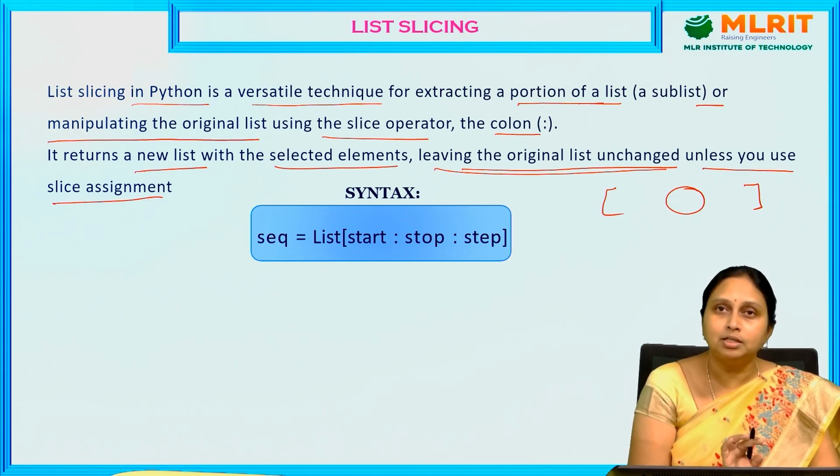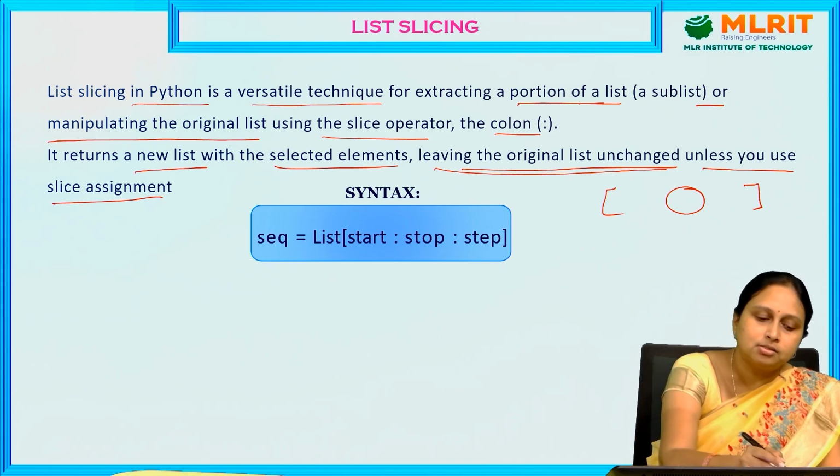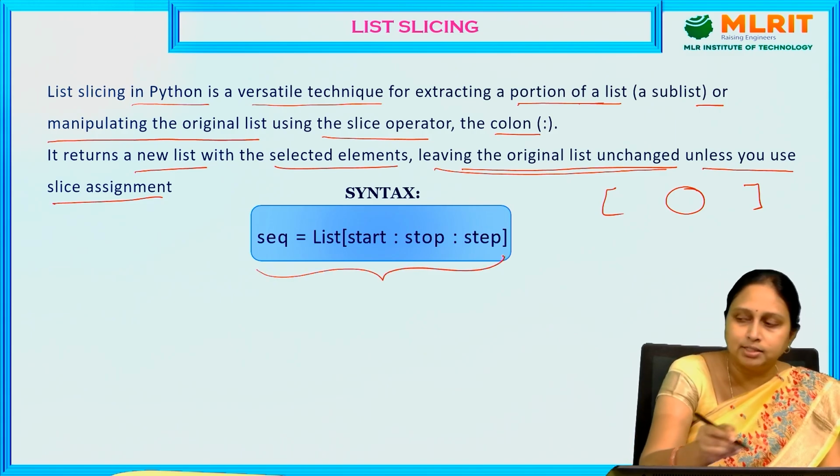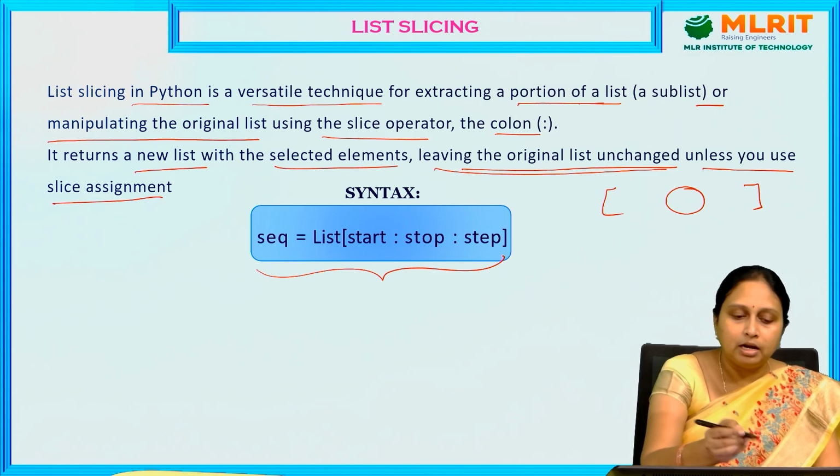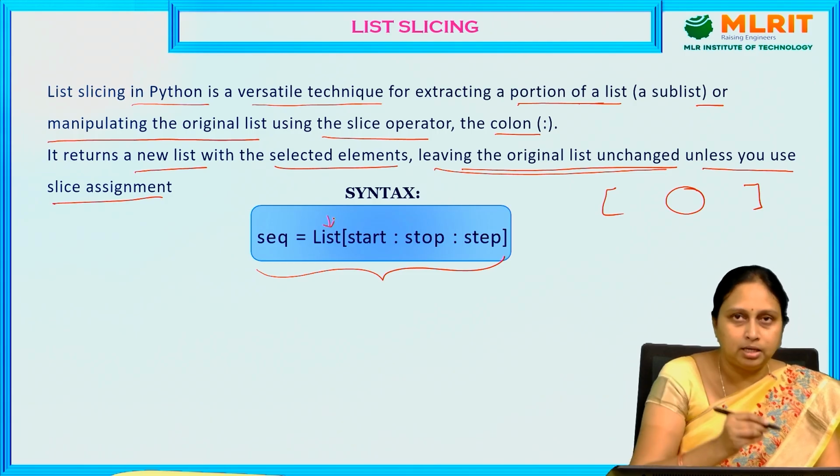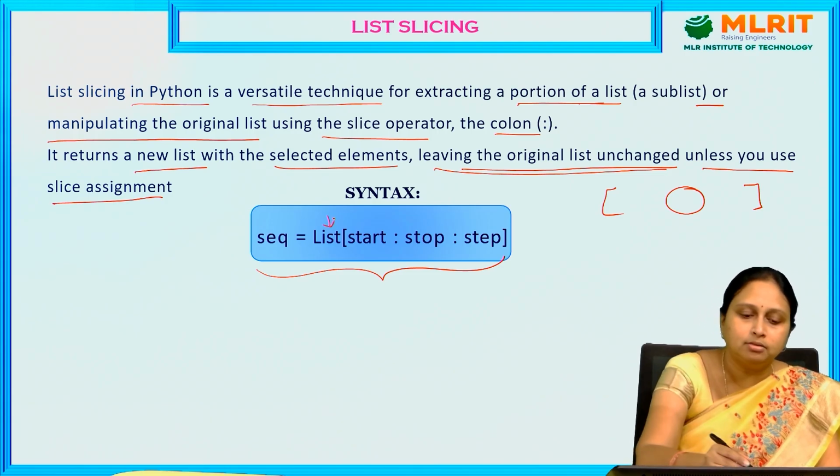And what is the syntax for representing this slicing? This is the syntax we use for slicing. That is the list name, followed by 3 parameters.